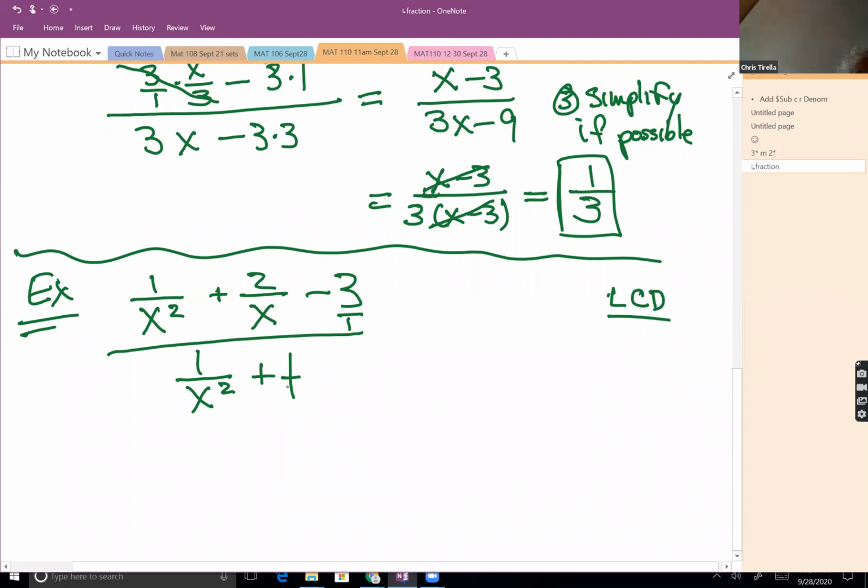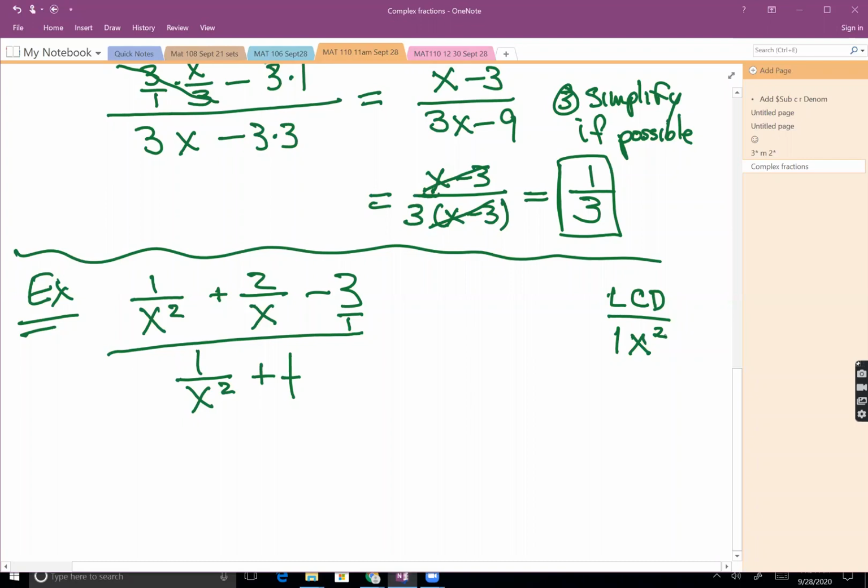So in my denominator, I have factors of 1 and factors of x. For the common denominator, we use the highest exponent. What's the highest exponent on x? In this problem, x squared.